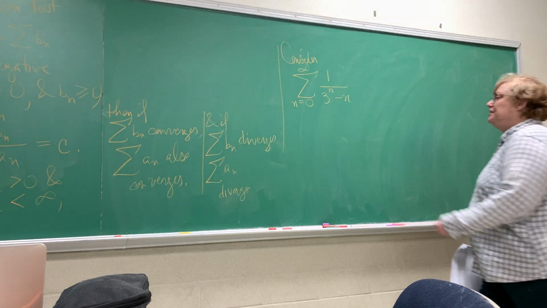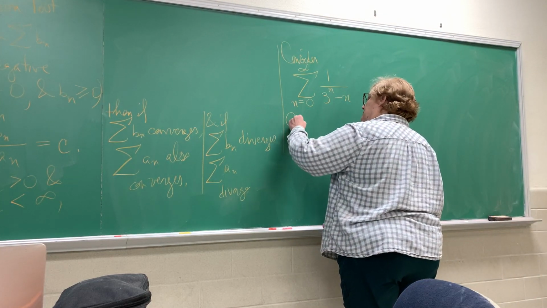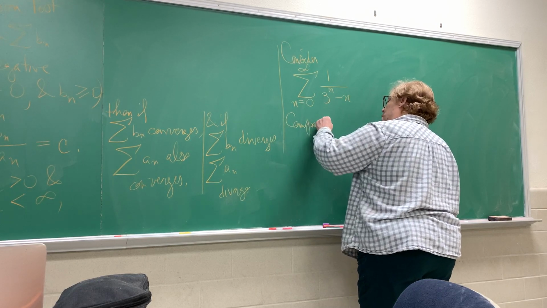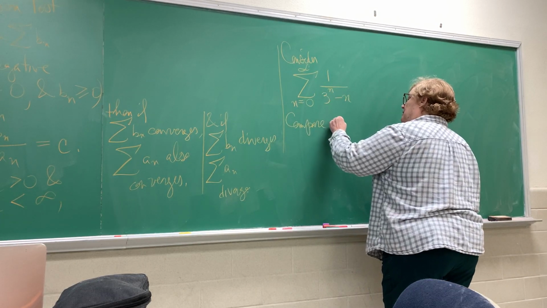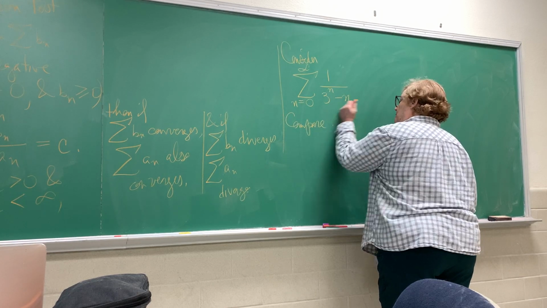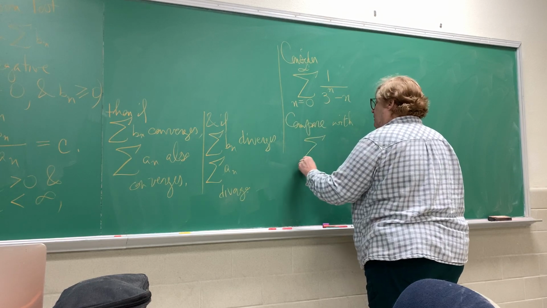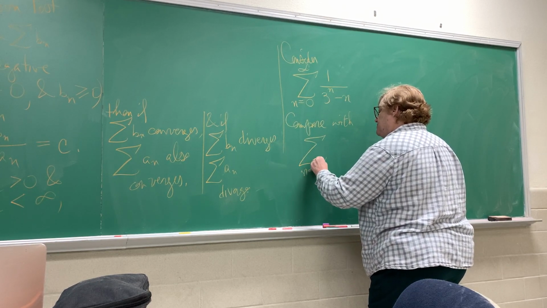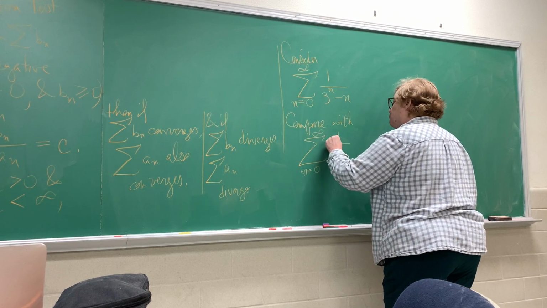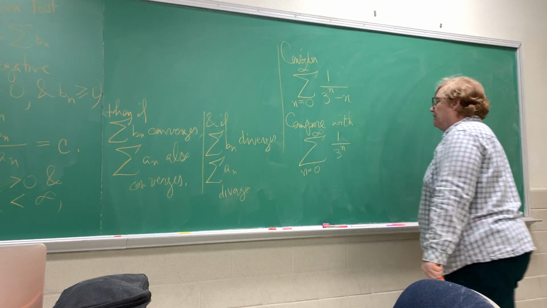So what we're gonna do is compare the above series with n equals 0 to infinity of just 1 over 3 to the n.